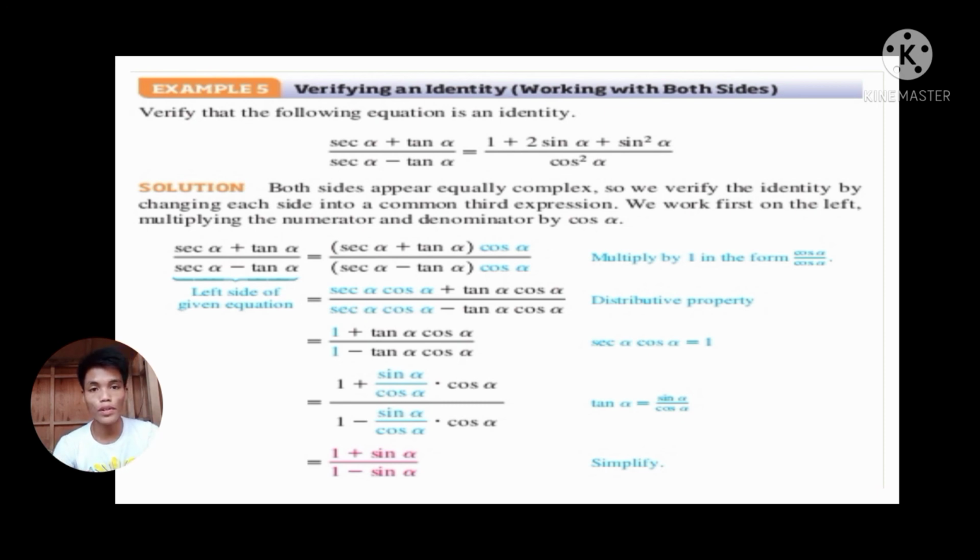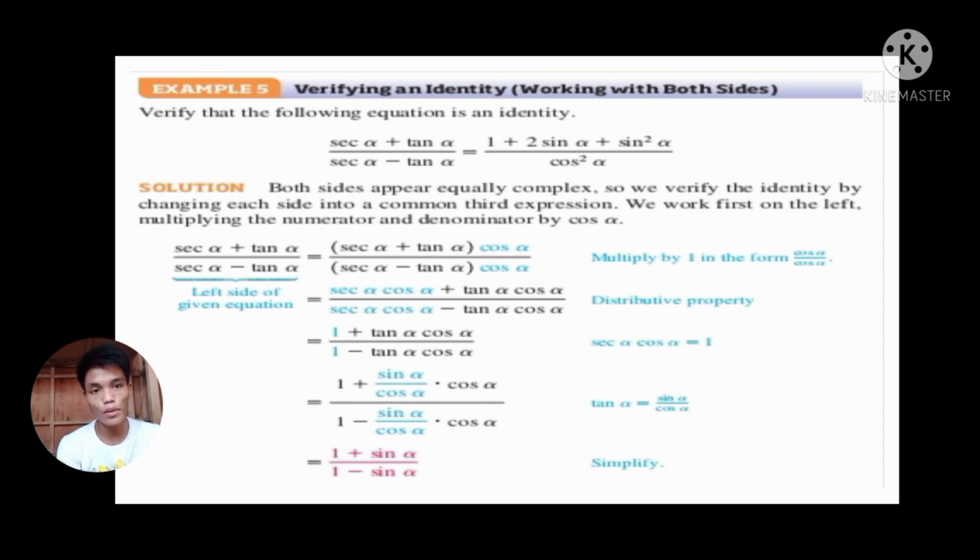So let's move on. Secant A plus tangent A over secant A minus tangent A is the left side of the given equation.